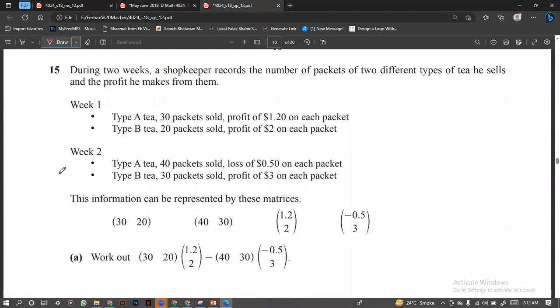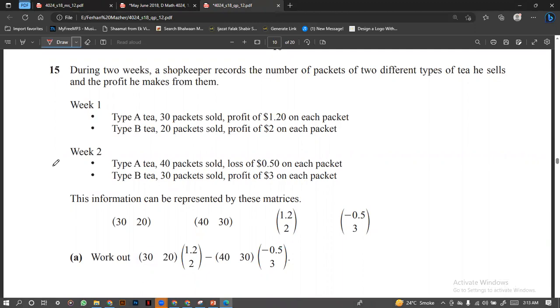Question number 15, and it says, during 2 weeks, a shopkeeper records the number of packets of 2 different types of tea he sells and the profit he makes from them. Week number 1, type A tea, 30 packets sold, profit of $1.20 on each packet.